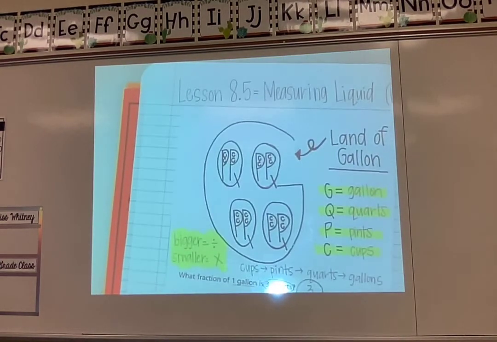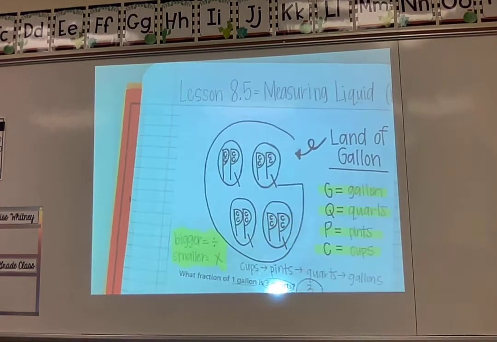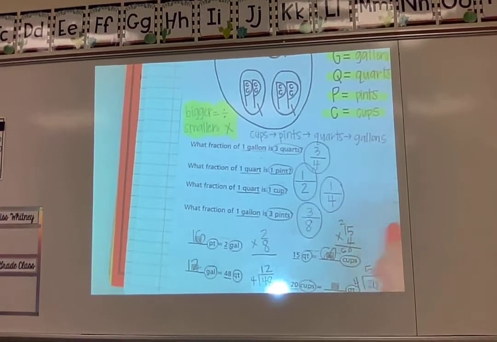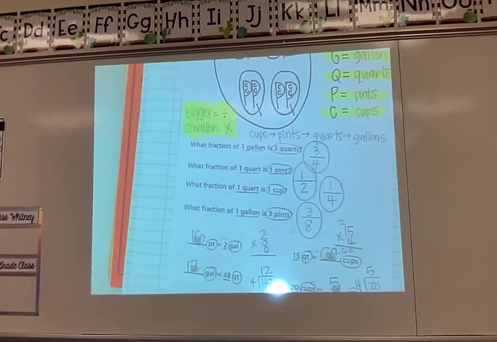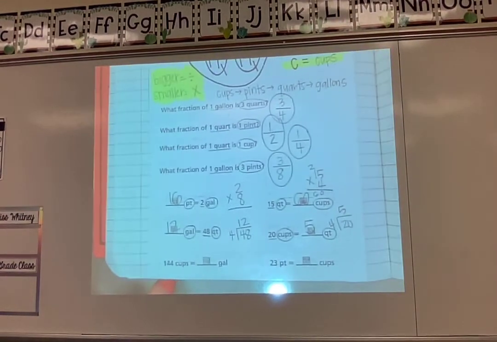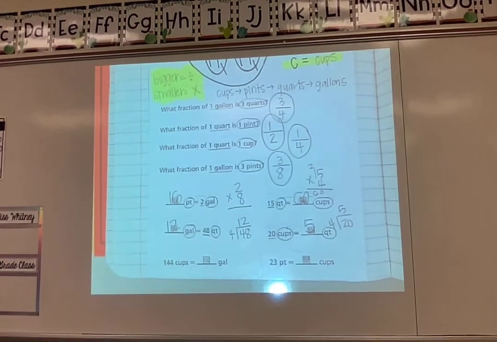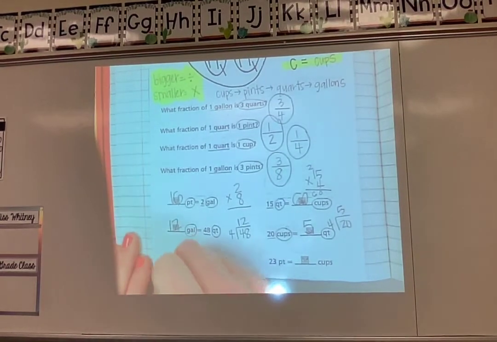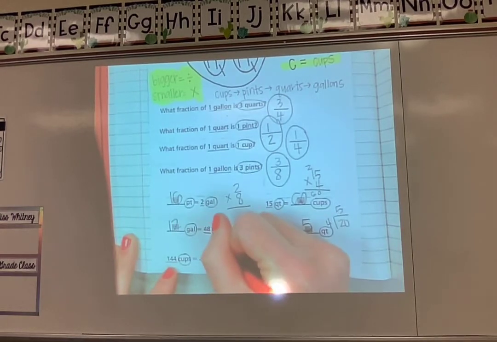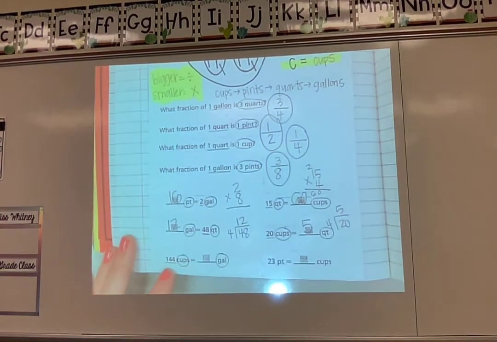How many cups are in a quart? Here's a quart. 1, 2, 3, 4. So I'm dividing by 4, which would be a 5. Once you decide if you're multiplying or dividing, the rest should come pretty quickly because you should know your multiplication facts.